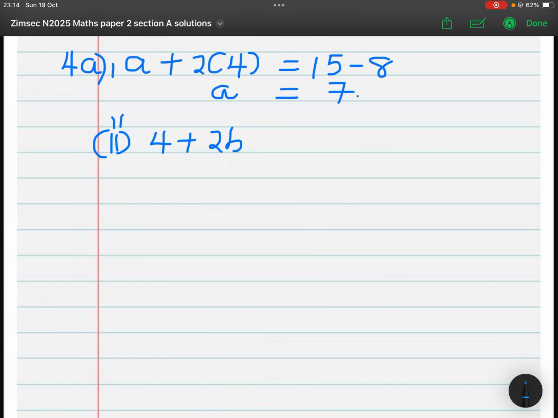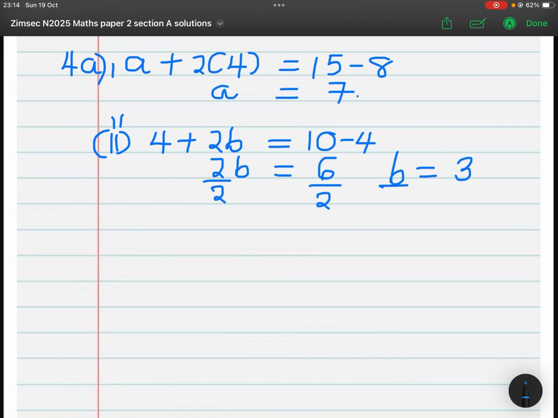We are saying 4 plus 2b is equal to 10. So we shift 4 to the other side. It is going to be subtracted. We are now having 2b is equal to 6. We divide both sides by 2 so that the value of b is going to be equal to 3. So here, let me underline here.